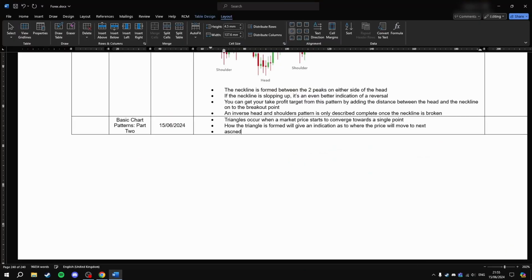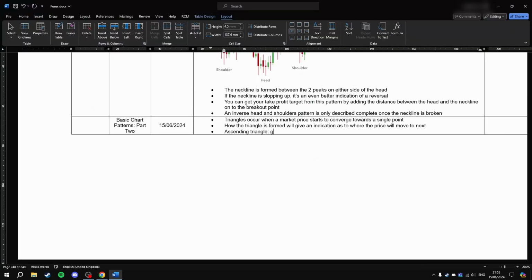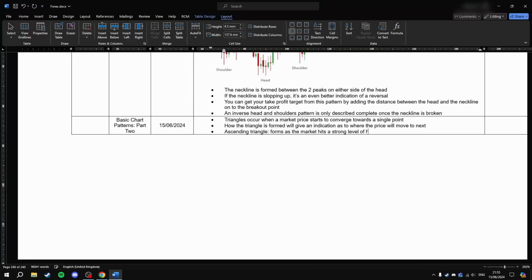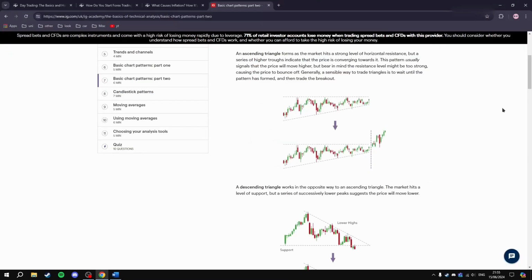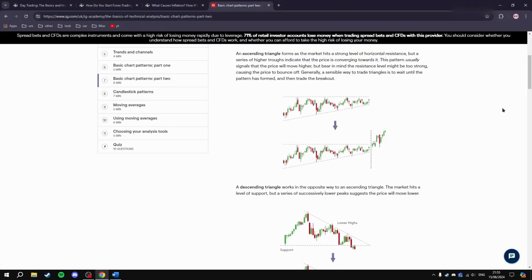So an ascending triangle forms as the market hits a strong level of horizontal resistance, but a series of higher troughs indicate that the price is converging towards it.